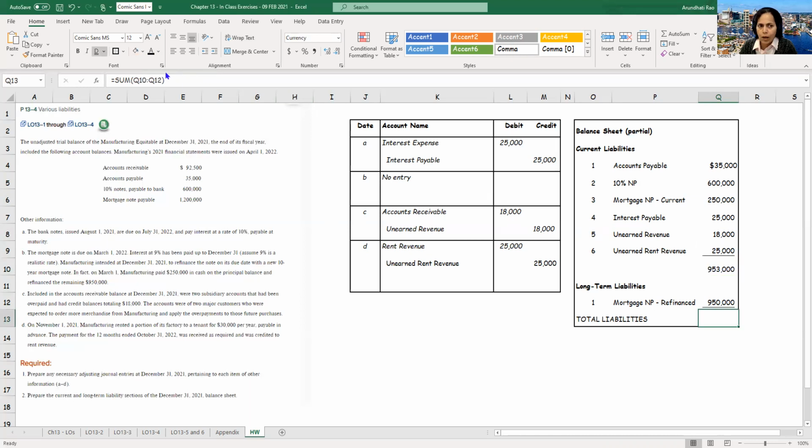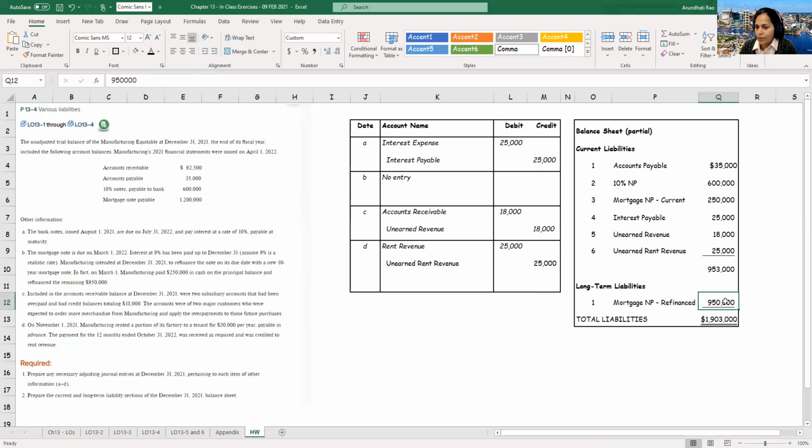When I add that to my total long-term liabilities, there was only one, my total liabilities is 1,903,000. So the only challenge in preparing this balance sheet was the mortgage notes payable, the one that had no journal entry, but it had information that told me that 250 had to be current and 950 would be classified as long term.